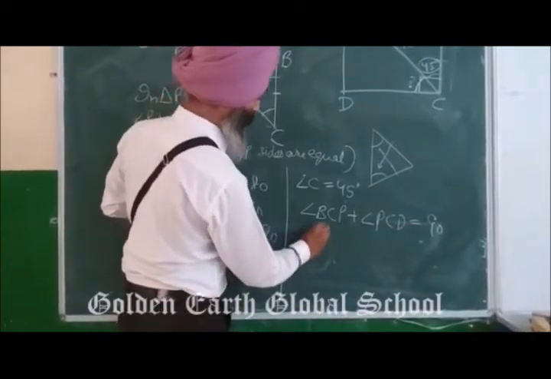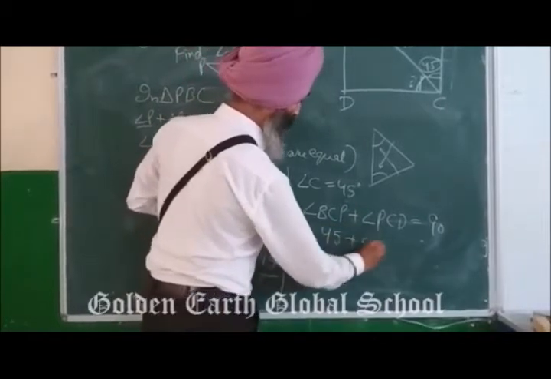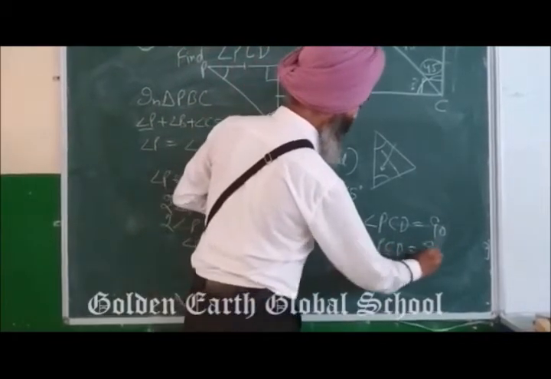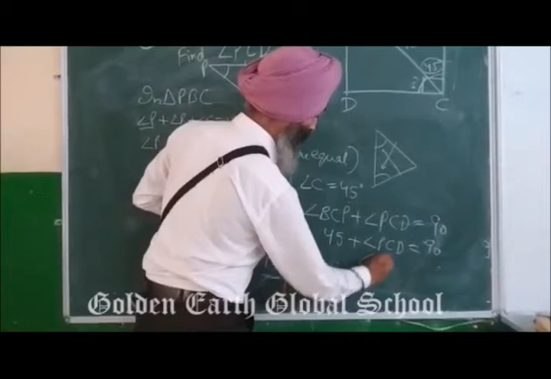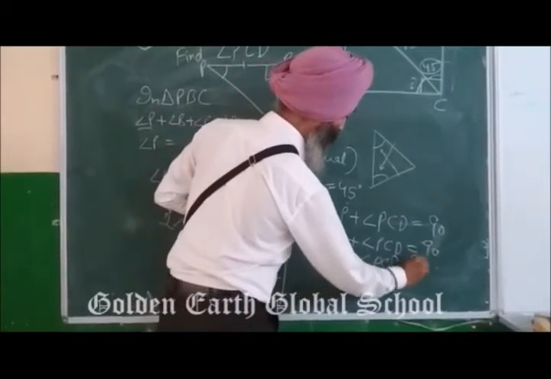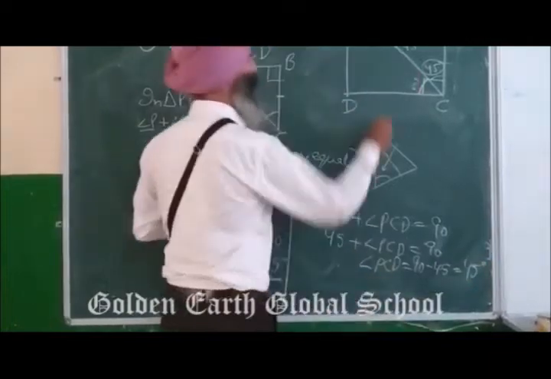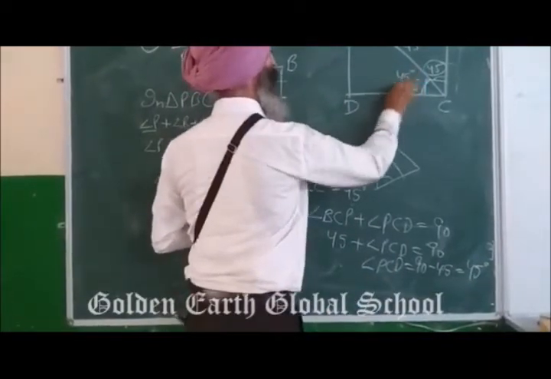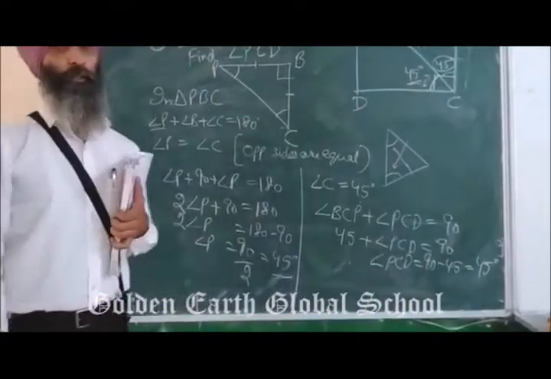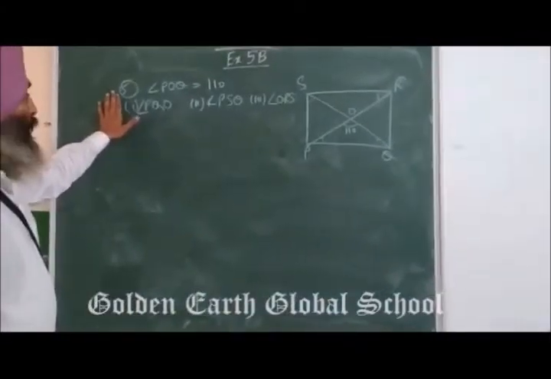BCD we have given 45. To find the PCD, we have to subtract it from 90 degrees. So the answer is 45 degrees. ये कितना आ गया? 45 degrees. This is the answer. Okay. And this is the 5th question.